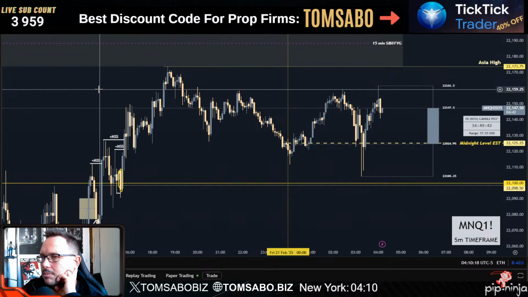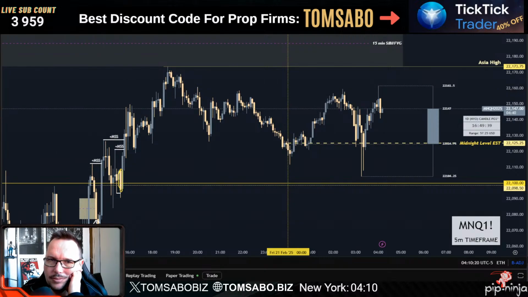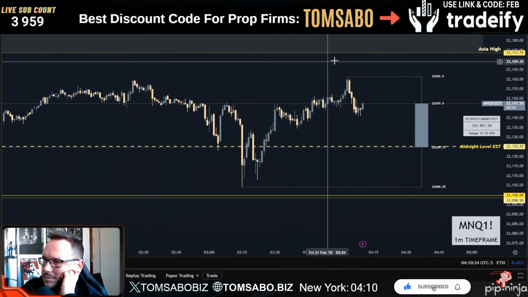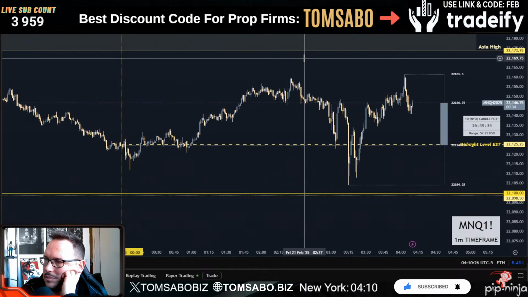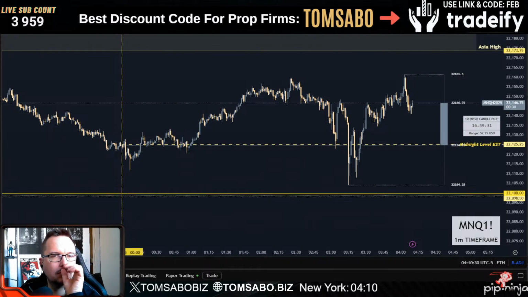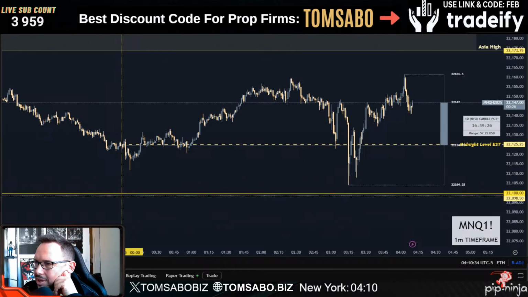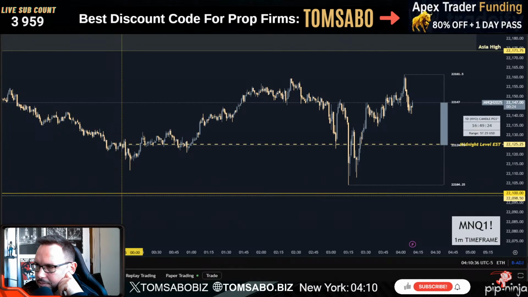So what's it going to be, NQ? What's the plan? I would like to jump into a short. I still like the idea to go down to test the zone, which is basically below 98.50.